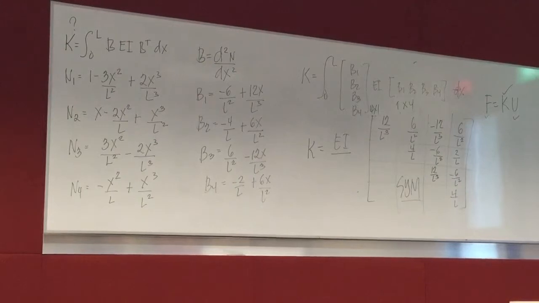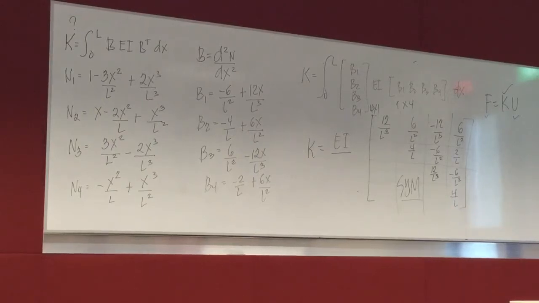That is for a bar. So I'm trying to brainwash you to think of this equation. And then for a beam, we have that equation wherein we have 0 to L, B transpose EI B dV.